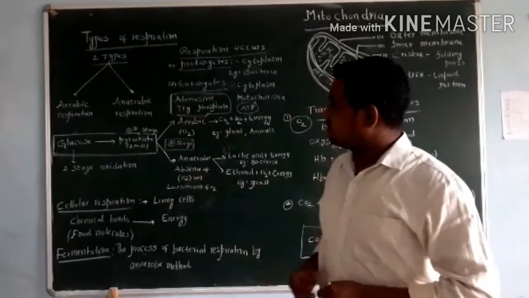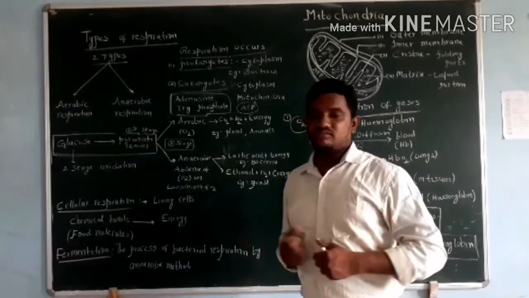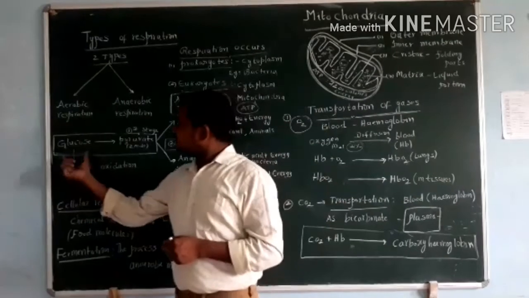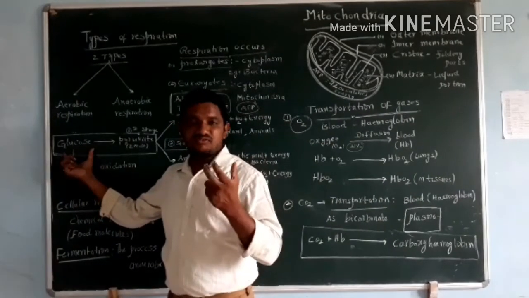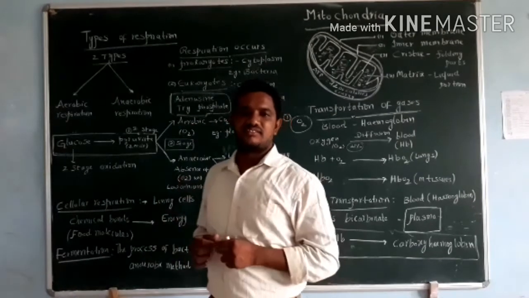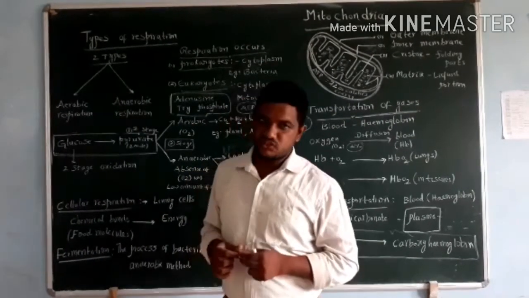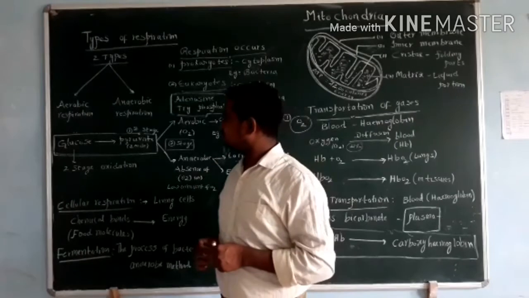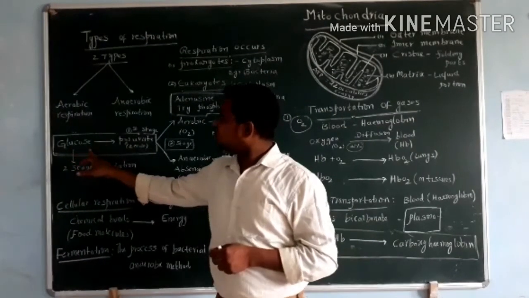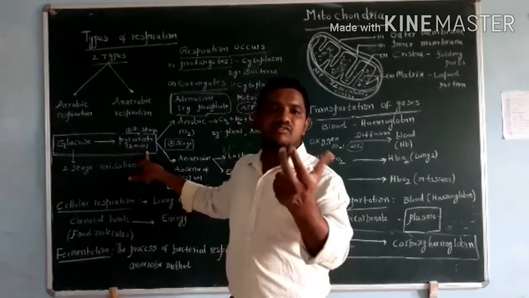Let us see how these two respirations are going on. Glucose is the food material. It is the simplest sugar. Glucose is converted into pyruvic acid.